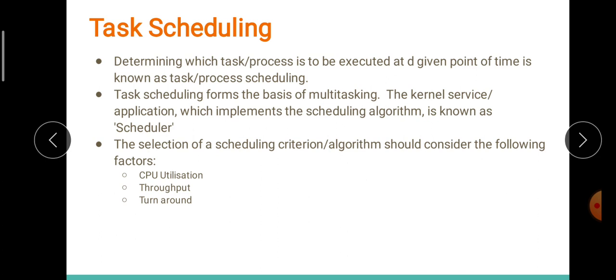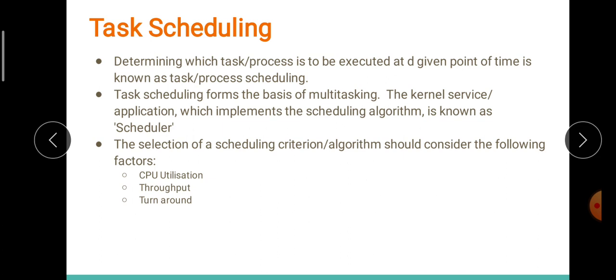The third factor is the turnaround time. This is the time taken by the process to complete its execution.